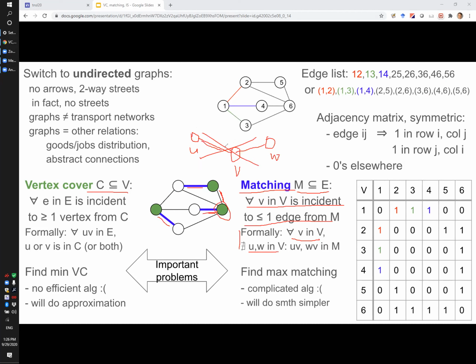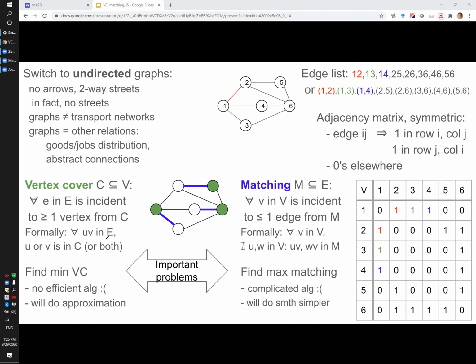These two red edges cannot simultaneously be in the matching. Again, a matching is a set of edges such that no two edges from the set share a vertex. Yet another reformulation of the same definition. Like these blue edges, you would never see two blue edges come into a single vertex. Okay, that's the definition of a matching.